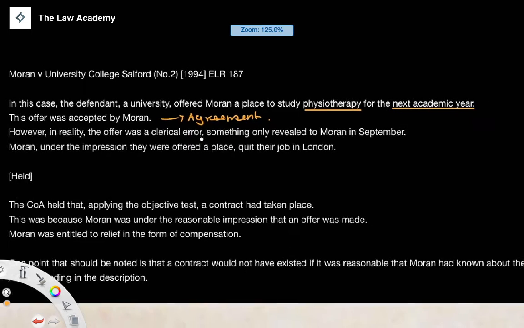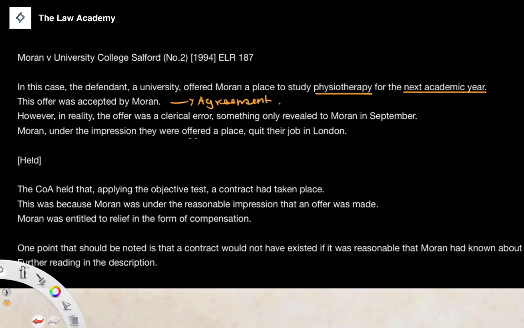However, in reality, this offer was only a clerical error, and this was only revealed to Moran in September. Under the impression that a legitimate offer was made, Moran had quit their job in London, and accommodation was made and arrangements like that.